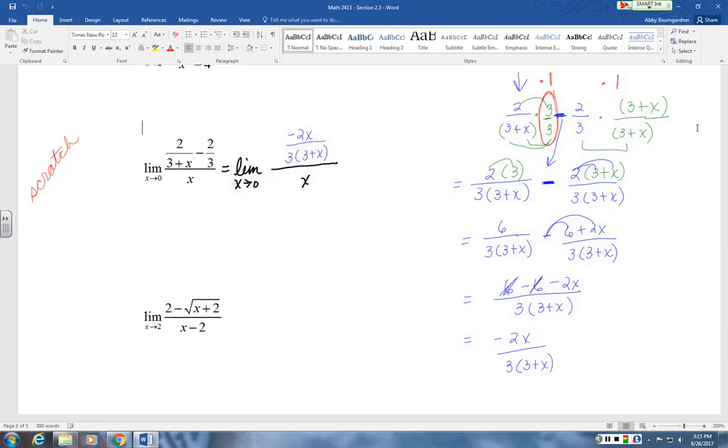If I plug 0 in, I would get negative 2 times 0 over 3 times 3, all over a 0, so I would have 0/9 all over 0. 0 divided by 9 reduces to 0. And so again, I get this squirrely indeterminate form. So even though I've condensed this a little bit, I haven't done enough to actually make anything fall out.